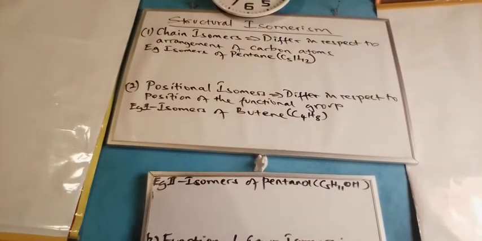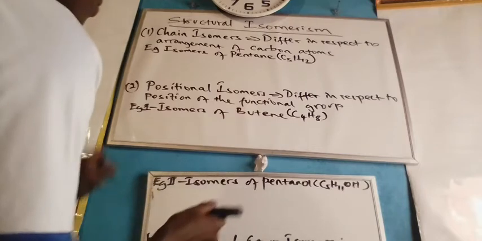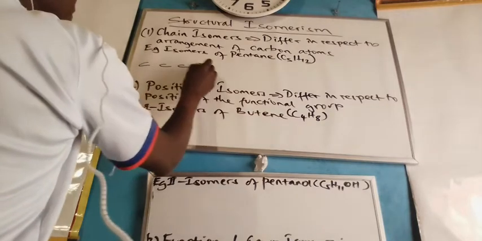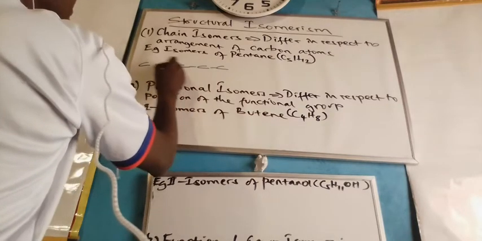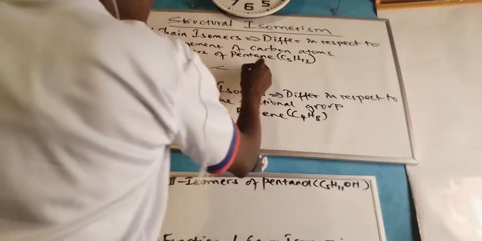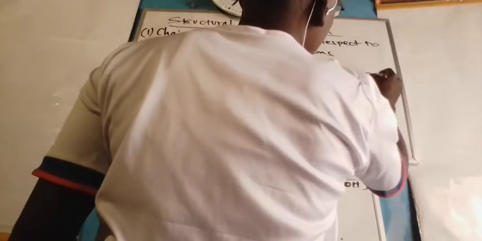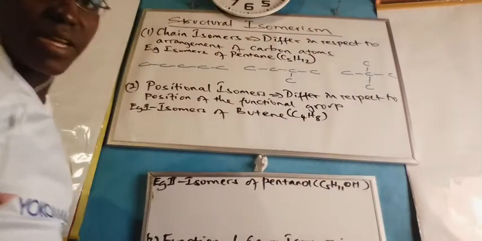The first one, the chain isomers, will differ in respect to the arrangement of carbon atoms. For example, when we represent the isomers of pentane, we will proceed and say that pentane could be a chain of 5 carbons in a row, or a broken chain in which one carbon hangs, and still a branched chain in which 2 carbons hang in the middle tertiary carbon.